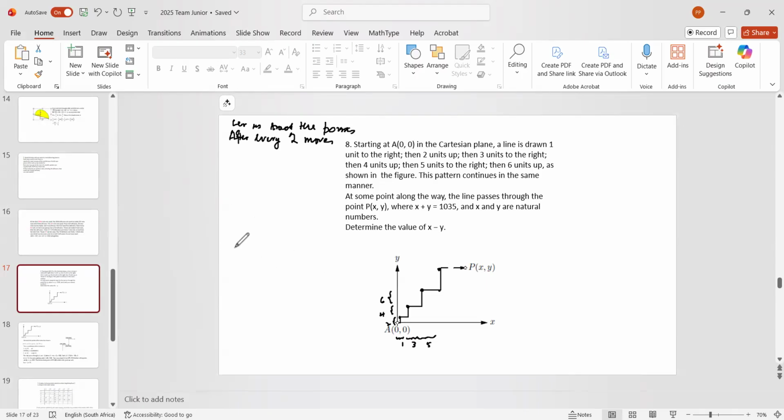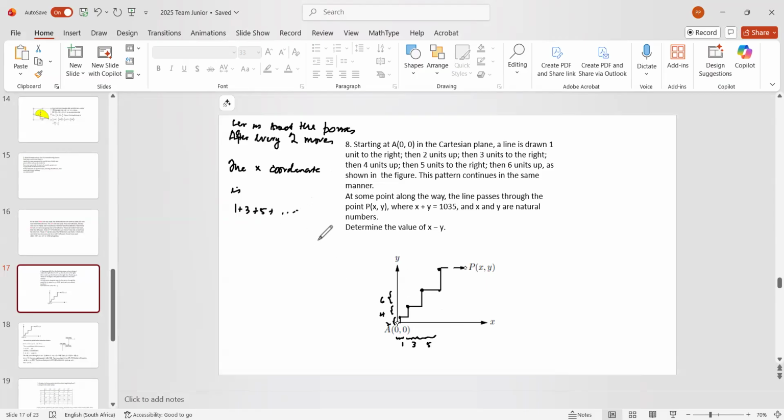You can see that the x-coordinate is going to be 1 plus 3 plus 5. Because x-coordinate, it increases by odd numbers.